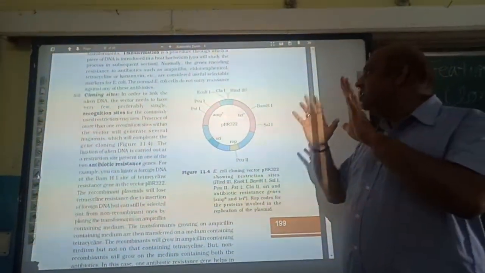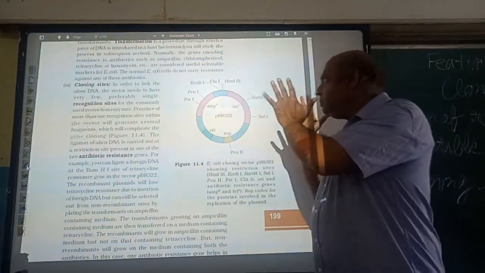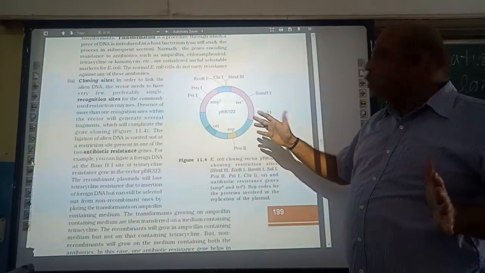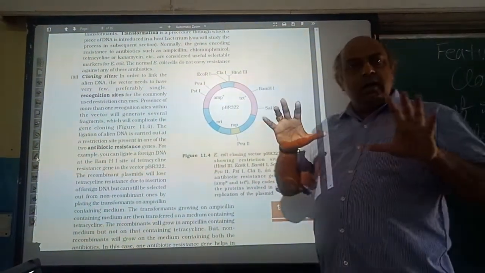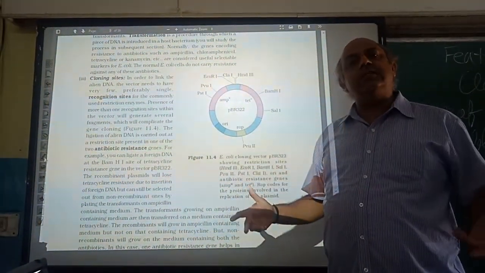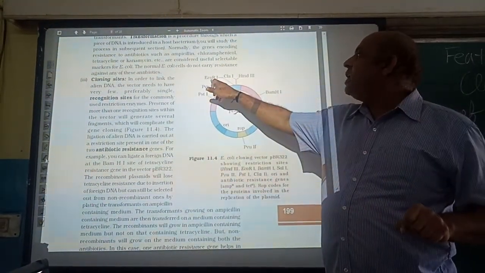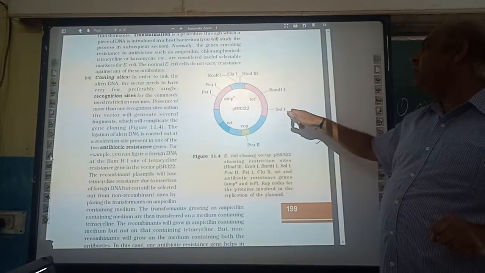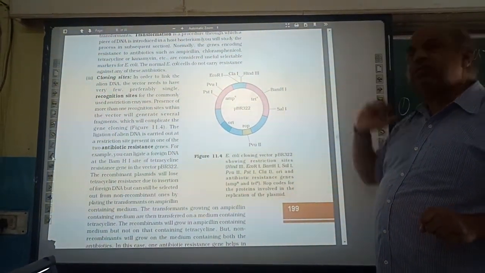These 8 restriction sites are present on the PBR 322. You can see one thing. So far as a restriction site for a particular restriction enzyme is concerned, there is only one site. There is one site for EcoR1, there is one site for SAL1, there is one site for BamH1.